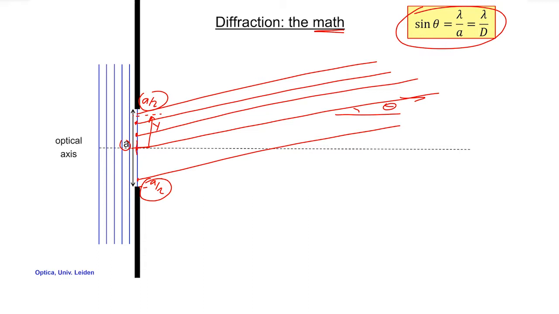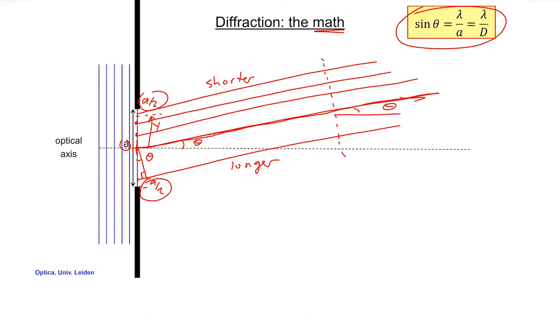You already see that if you consider this a wavefront, if you look at the interference and call this the reference length of the central ray, then these rays are shorter and these rays are longer. And the path length difference between these rays you can find if you draw a small triangle and realize that this angle is also theta, as this angle is theta.